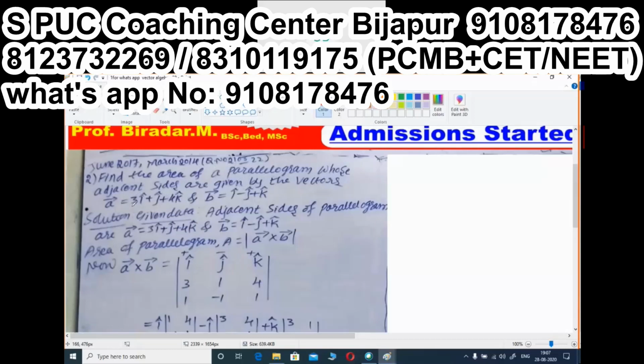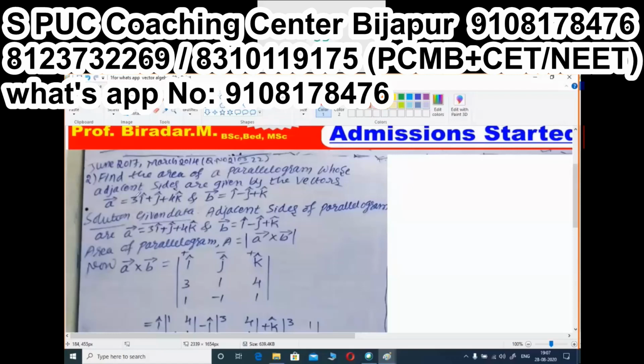A vector is equal to 3i cap plus j cap plus 4k cap. This is one adjacent side of the parallelogram, and the other adjacent side in vector form he has given as B vector is equal to i cap minus j cap plus k cap.